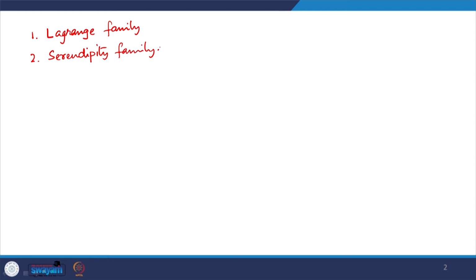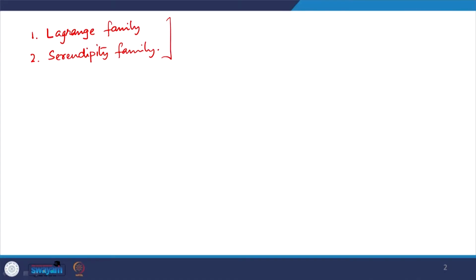Now, the difference between them, geometry is of course rectangle, right. So, whether it is from the Lagrange family or from the Serendipity family, we are looking at rectangular elements. So, both of them are rectangular elements. So, what is the difference?